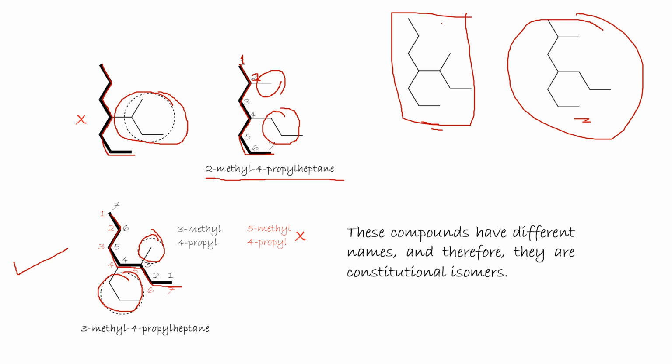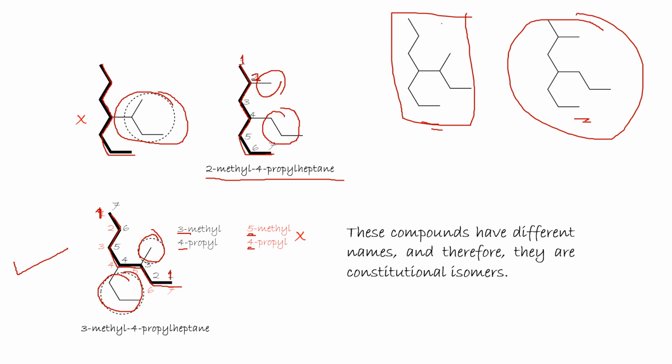Then we start numbering, from here or here. If you start from the right, the numbers will be 1, 2, 3. So we have 3-methyl, 4-propyl. If we number from the other side, from left to right, it will be 1 in here, we will find out that the propyl will be 4, the same, but the methyl will be 5.